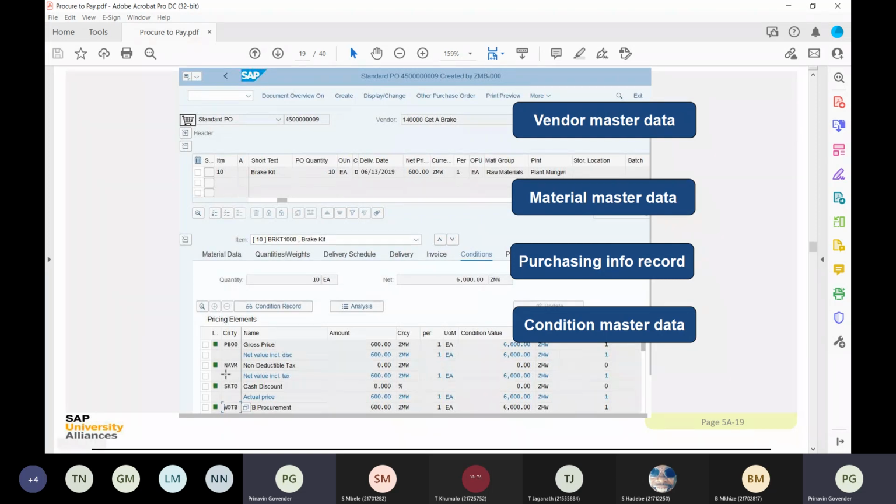So my conditions work like this. I'm going to give you a net value discount, and how many percent, what's my actual price, how many I'm going to buy. Get a Break, I think they only sell brakes for bicycles, right?